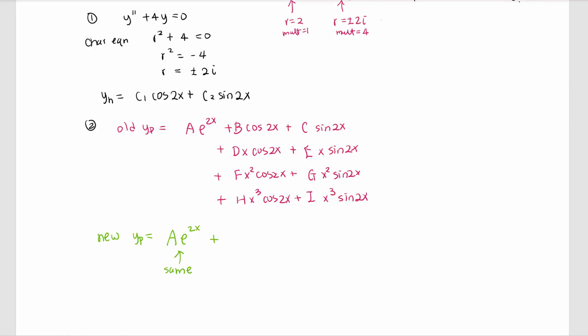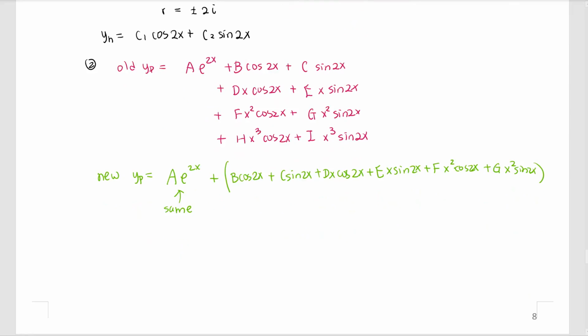So all the rest: b cosine 2x, c sine 2x, dx cosine 2x, ex sine 2x, F x squared cosine 2x, G x squared sine 2x.